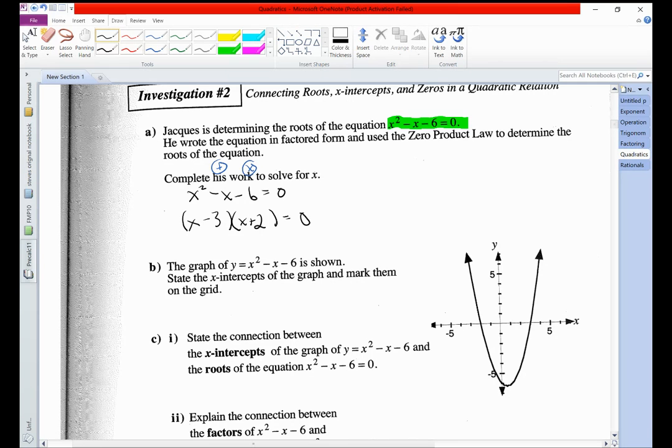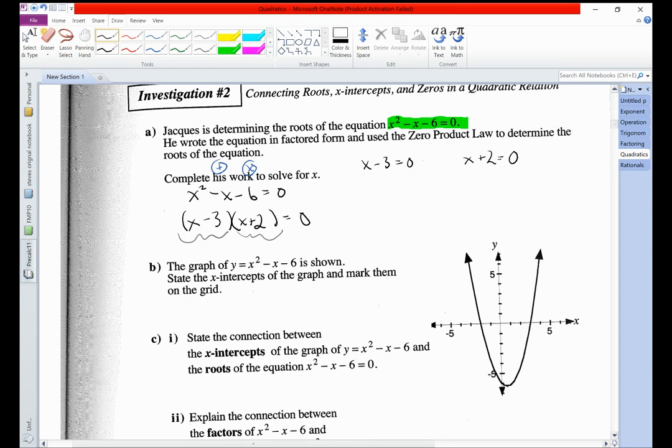And then you remember that the zero product law says that this whole equation is 0 if this term equals 0, and the whole equation is 0 if this term equals 0. So if x minus 3 is equal to 0, and if x plus 2 is equal to 0.